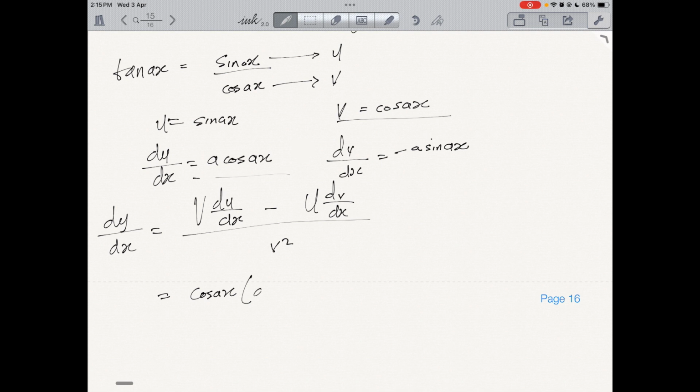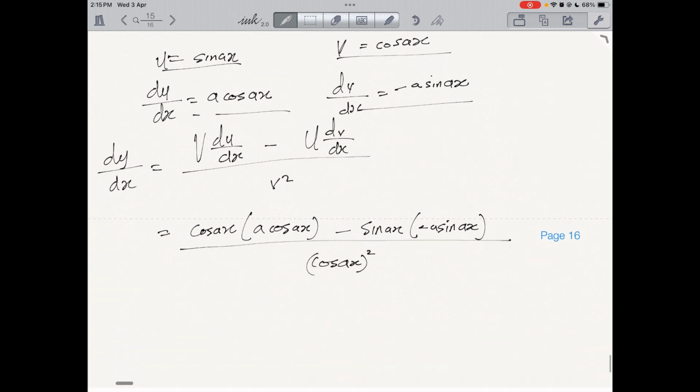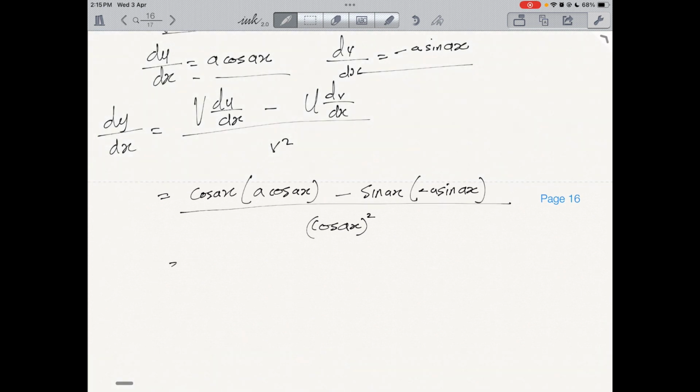is a cos ax, minus our u, which is sin ax, and our dv/dx is minus a sin ax, everything divided by v squared, which is cos squared ax. So let's simplify further.